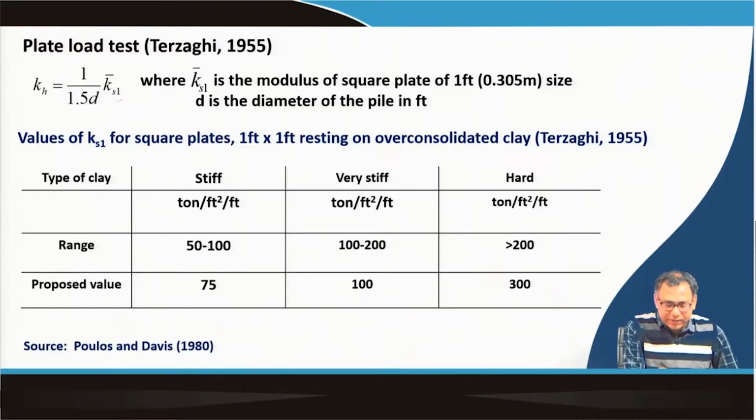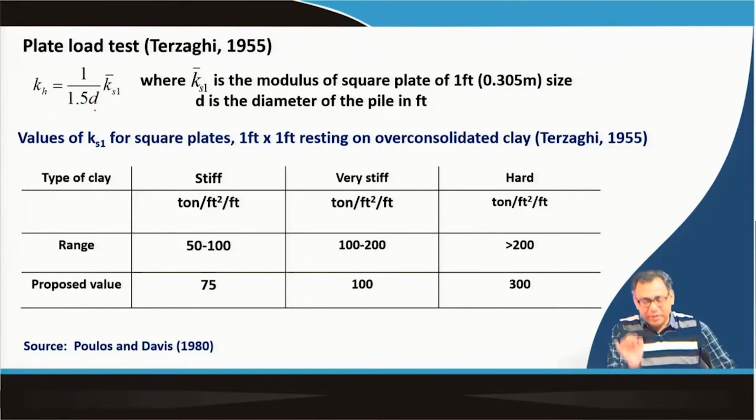And here we will get ks1 from the plate load test, and those ks1 values are given for different types of clay soil. So, for stiff clay, very stiff clay, hard clay, it is given in ton per feet cube. This range is given and this is the proposed value. For stiff clay, the proposed ks1 value is 75 ton per feet square per feet. So, that 75 ton per feet square per feet we will use here, and then divide it by 1.5 times the diameter of the pile.